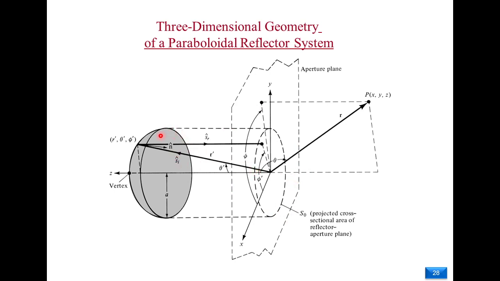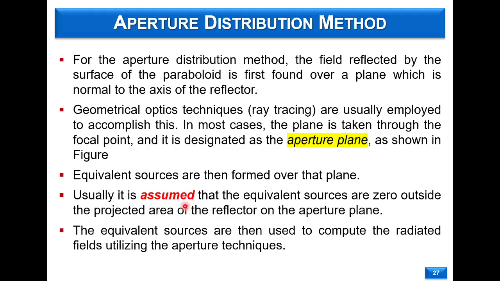In this case, we assume that the field exists just on this part of the plane. We neglect any spillover outside this opening of the reflector. This is an acceptable approximation.